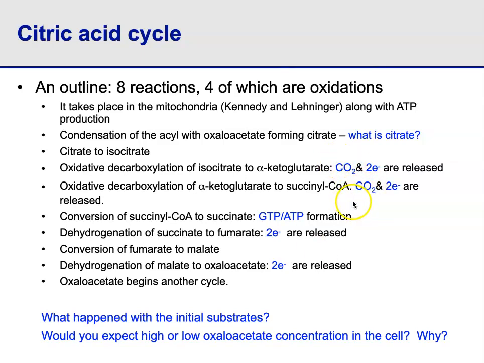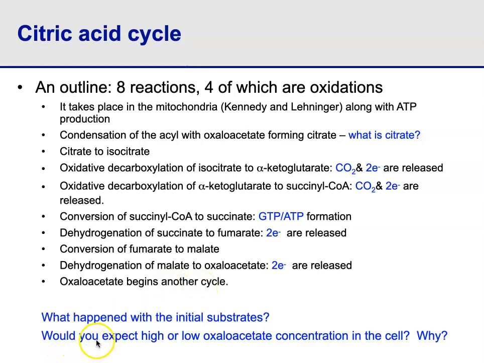The acetate has 2 carbons, and 2 carbon dioxides were released. And we have several electron pairs that were also released and harvested during these reactions. The other molecule that entered the cycle is oxaloacetate. What happened with the oxaloacetate? By the time we ended the cycle, oxaloacetate was regenerated.